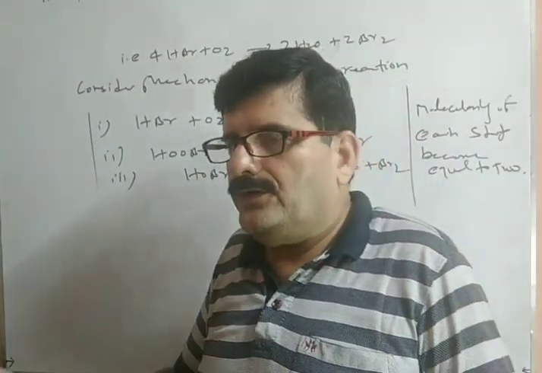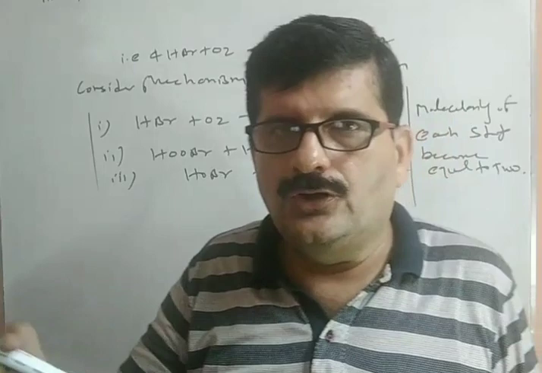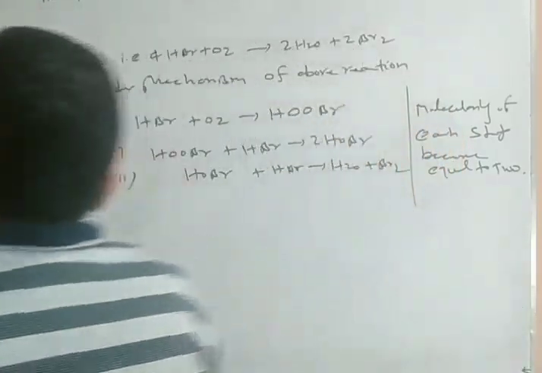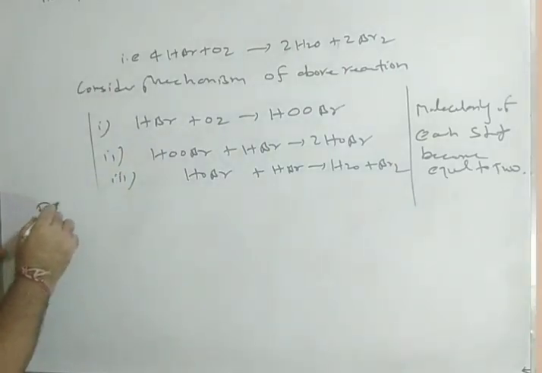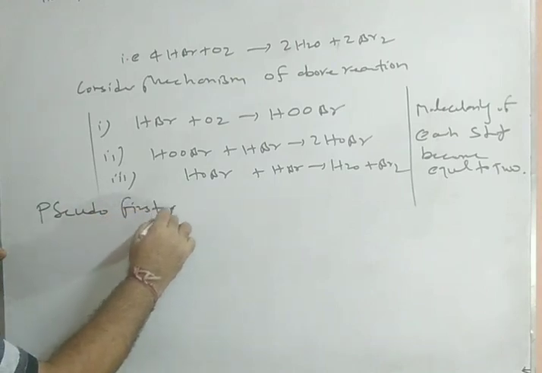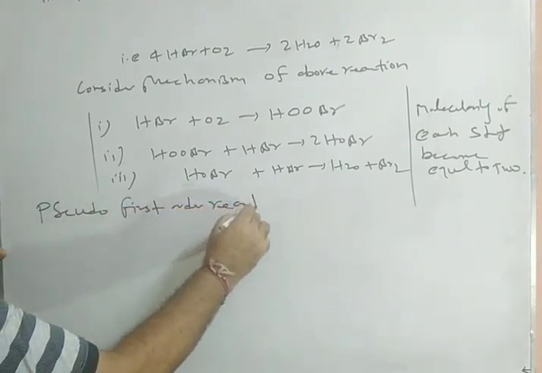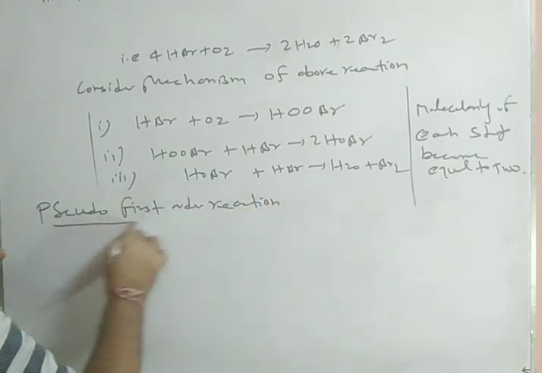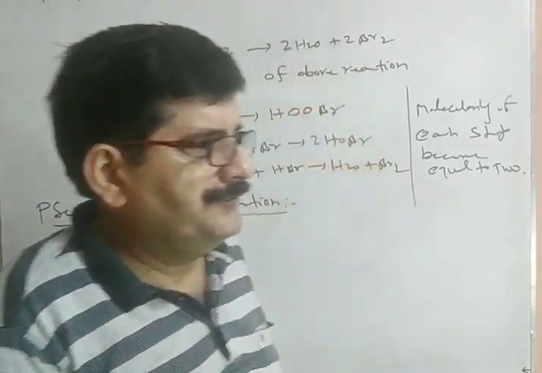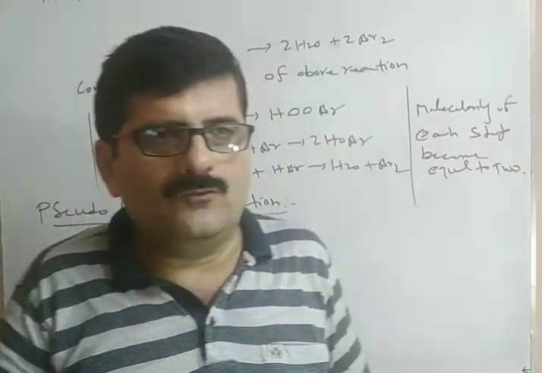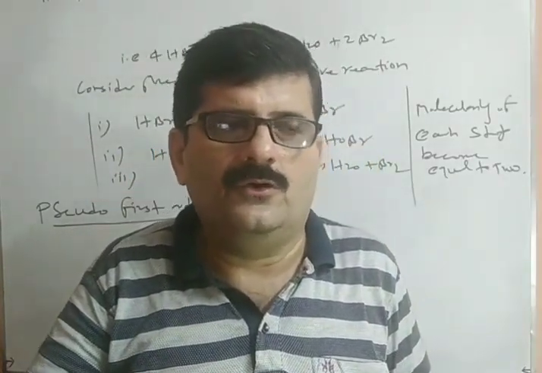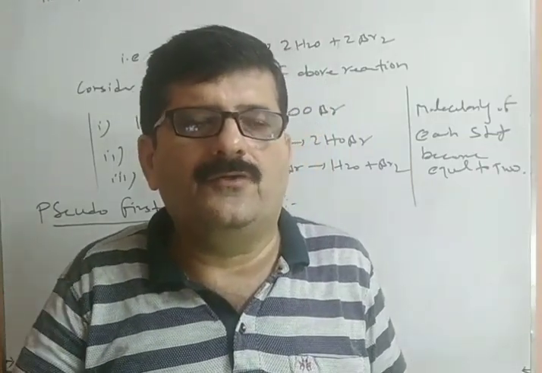Our next important term is pseudo first order reaction, or you can say pseudo unimolecular reaction. Such reactions are those in which the order of reaction is equal to 1 and molecularity is not 1, or you can say molecularity and order become different.